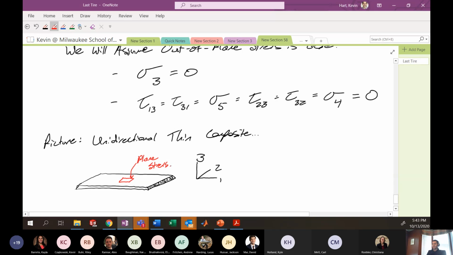Generally, if the material is thin, you would assume that every element in the structure is on a surface, or can be represented by the surface element. So you would have something like sigma 3 equals sigma 4 equals sigma 5 equals 0. That's what we're trying to show here.